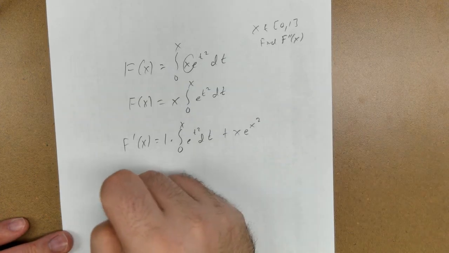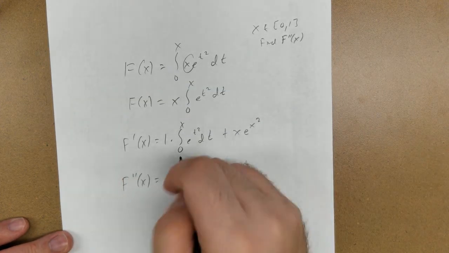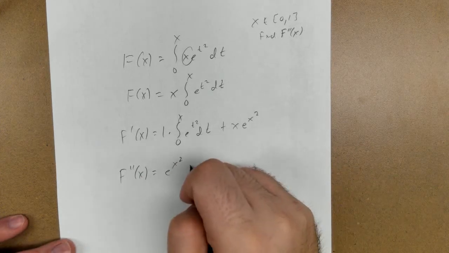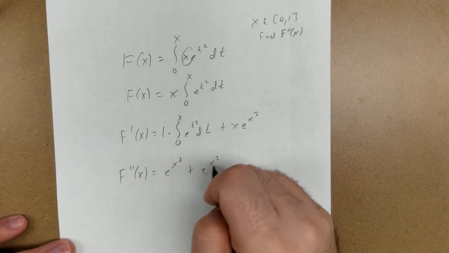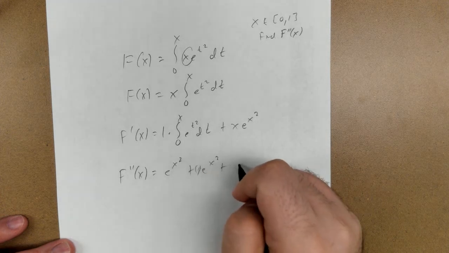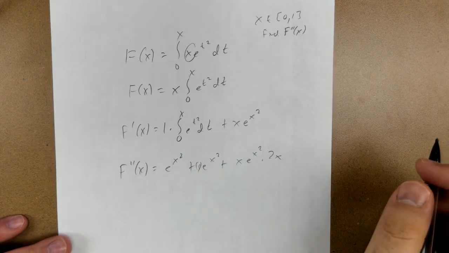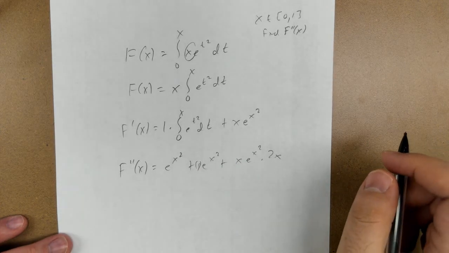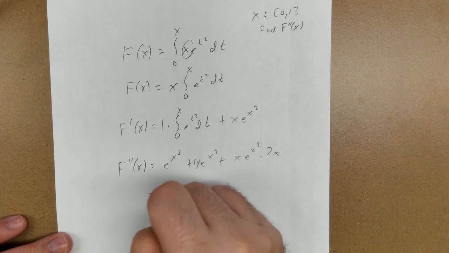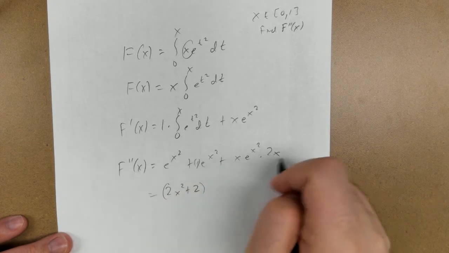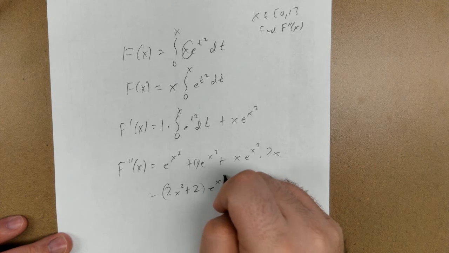Now when you take the second derivative, the first term becomes e to the x squared. The second term requires the product rule. It's 1, and then the chain rule gives you this. So when you're all done, you have, I think, 2x squared plus 2, and then 2x squared times e to the x squared.